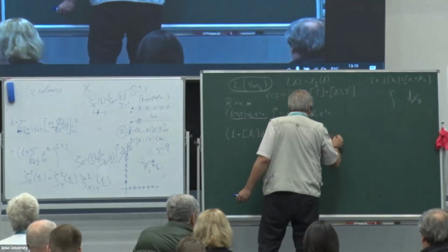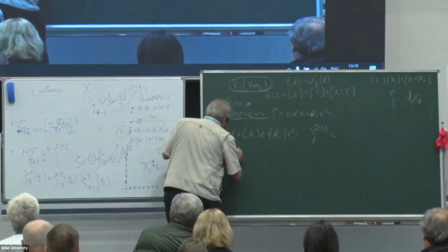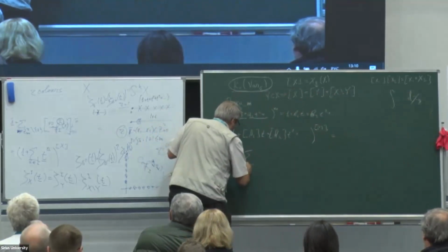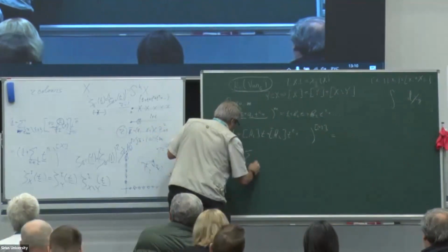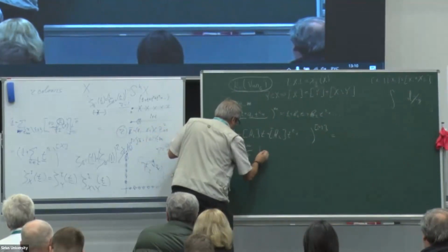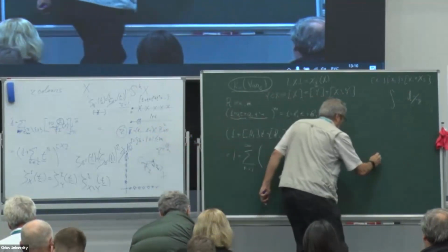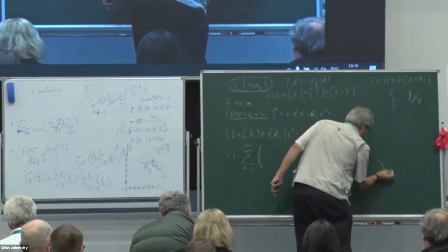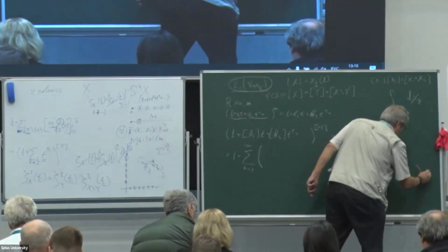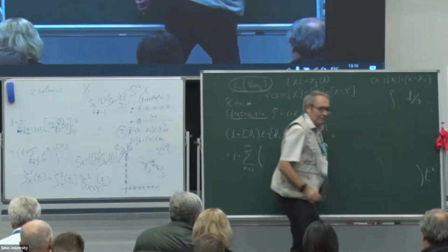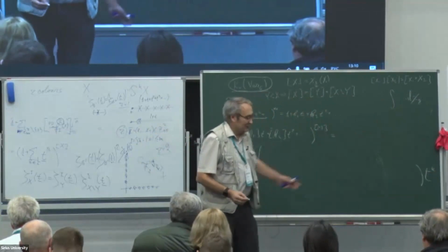The answer is the following: this series is 1 plus the sum for k from 1 to infinity of the coefficient at t in the power k.